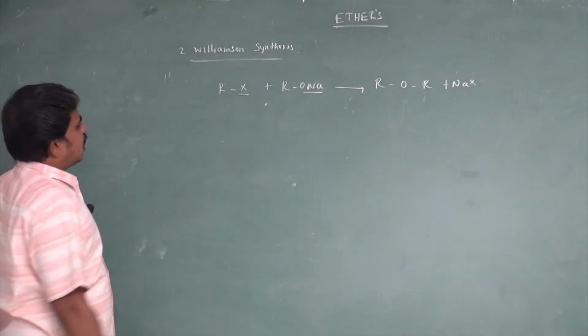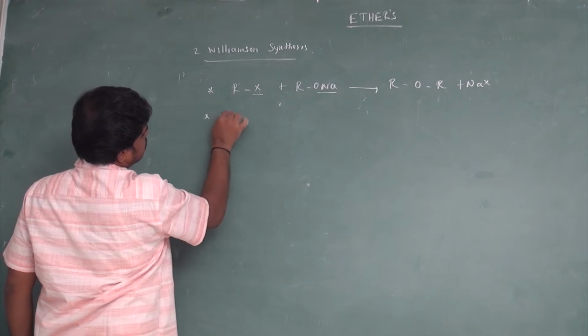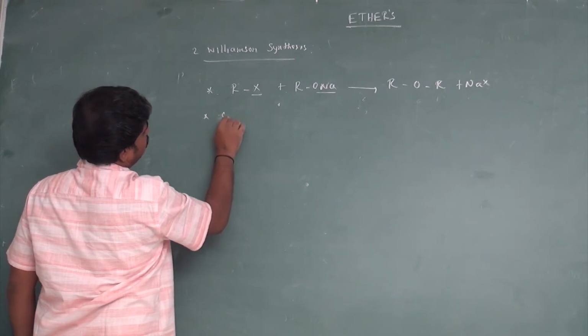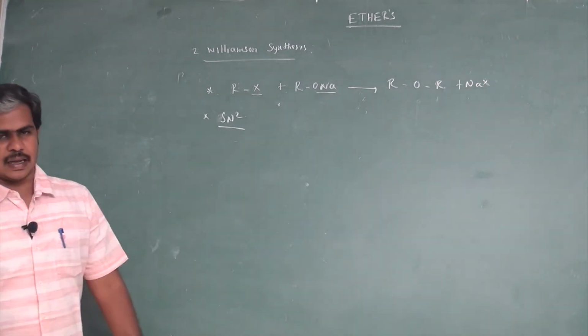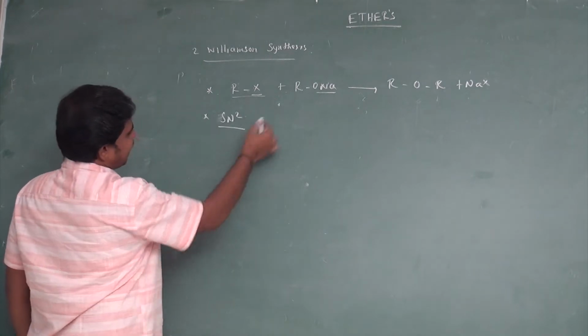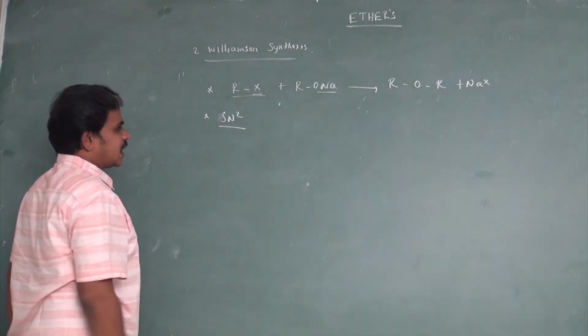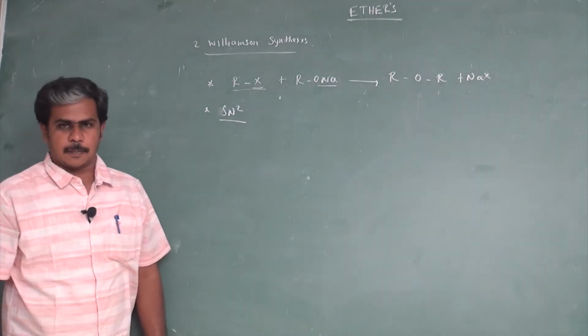And here the Williamson ether synthesis follows the SN2 mechanism. Why is it SN2? We may see in detail. Suppose the alkyl halide is primary, so we are taking a primary alkyl halide. What do you mean by primary?